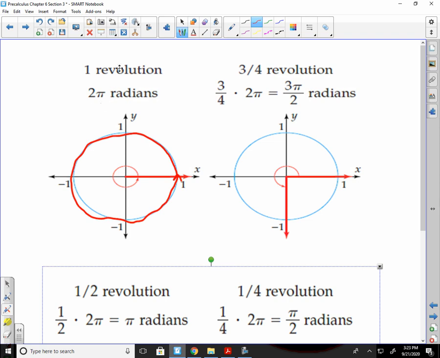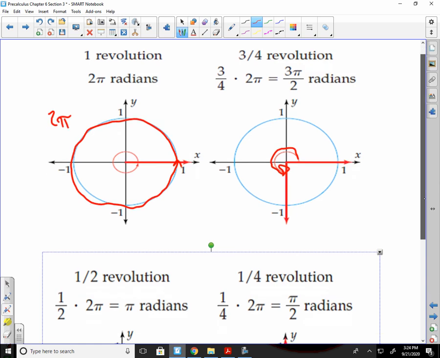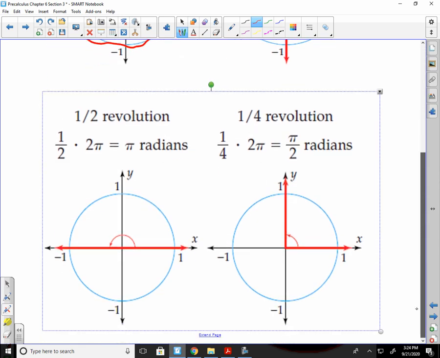So 1 full revolution is 2 pi radians. 3/4 of a revolution, or going counterclockwise around to here, is 3 pi over 2. Half of a revolution, starting here and going around to there, is pi radians. And 1/4 of a revolution is pi over 2 radians.